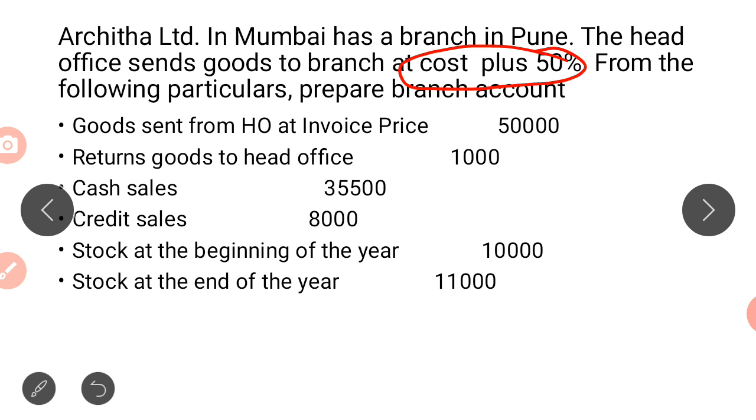Goods sent from head office at invoice price. Branch is receiving the goods, so it is debited in the branch account. Goods returned to head office is credited in the branch account.